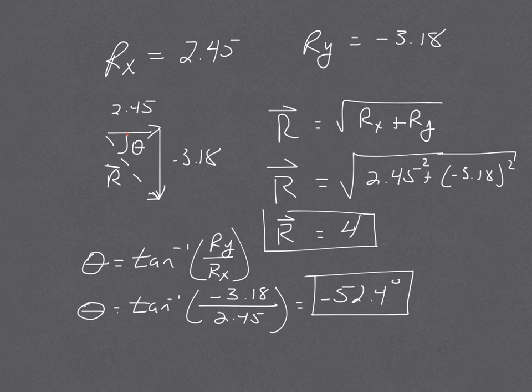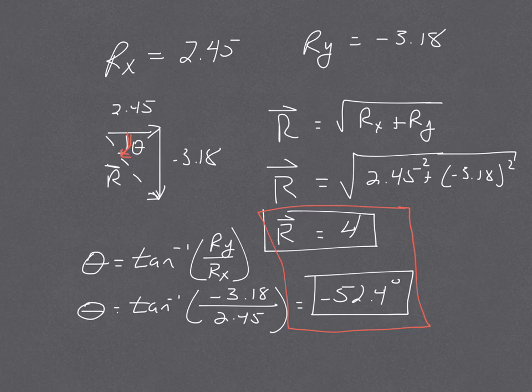Right. So measuring this way down from the 0 degrees, that gives us a negative angle. So the angle that we got right out of the calculator is going to be the correct angle. So our entire resultant is 4 units at negative 52.4 degrees.